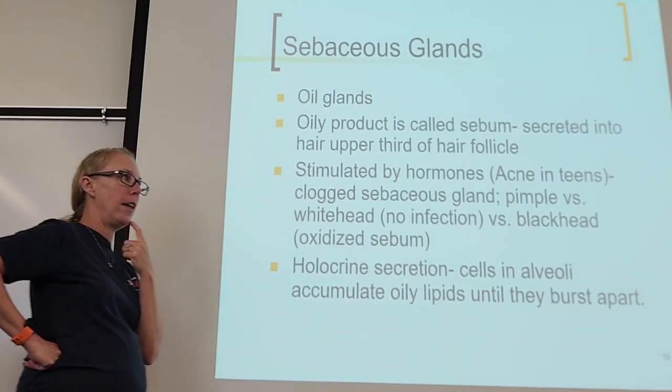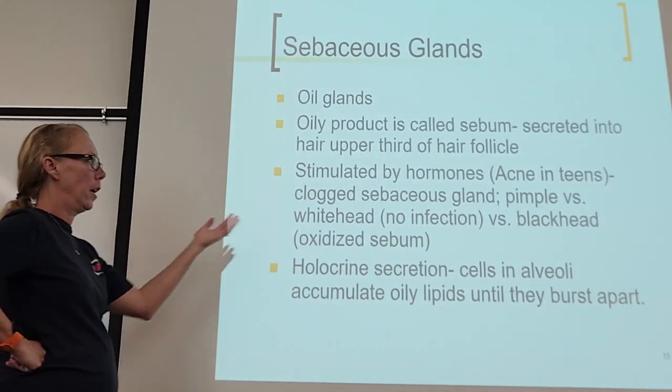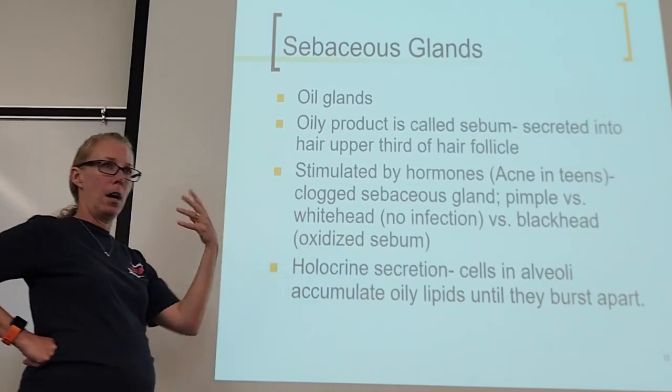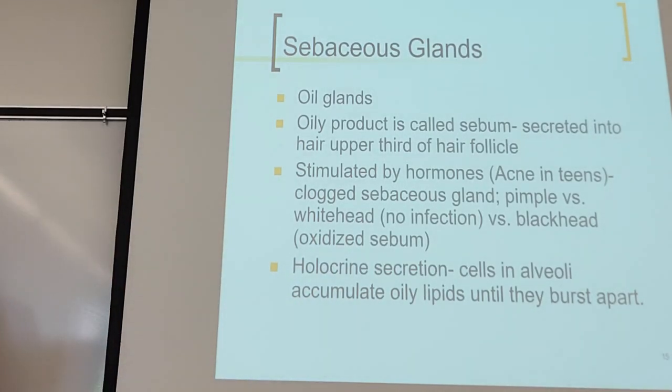If that material gets exposed to oxygen, it can harden and become a blackhead. So you can have whiteheads, blackheads, or inflammation starters, those undergrounders that hurt so much. That's all you need to know about oil glands.